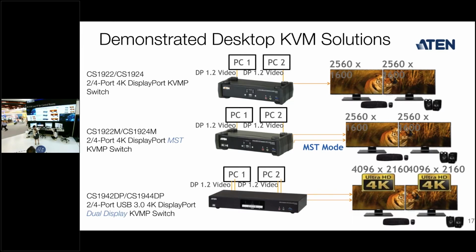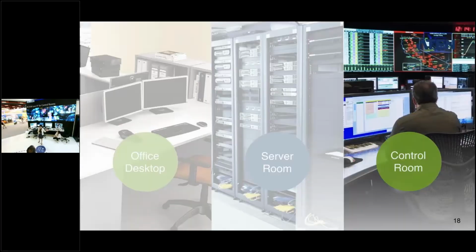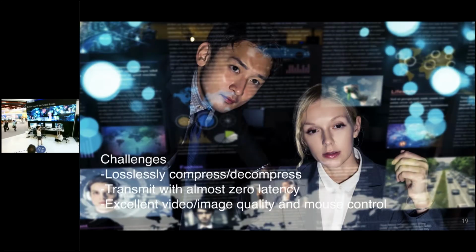For the top two models, if you use a 30 Hertz refresh rate, they are able to support 4K. But in this comparison I compare on the same refresh rate, so at 60 Hertz the bottom one has the most powerful capability.